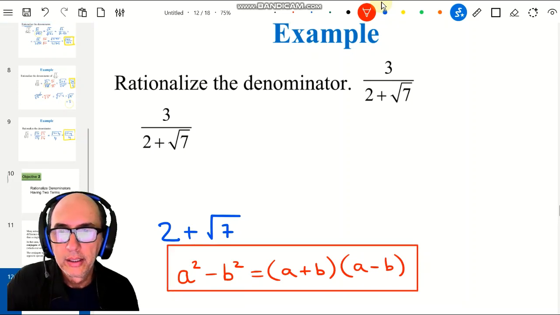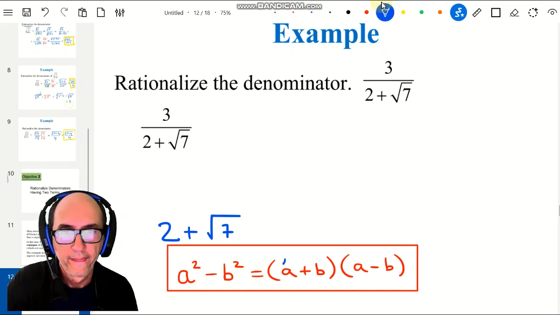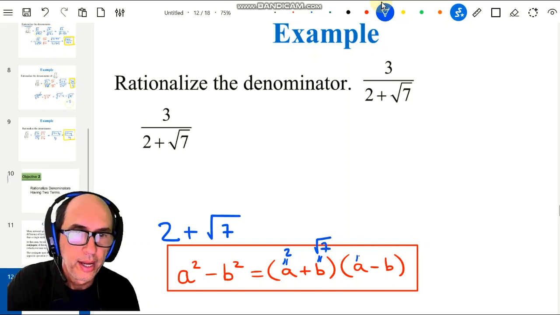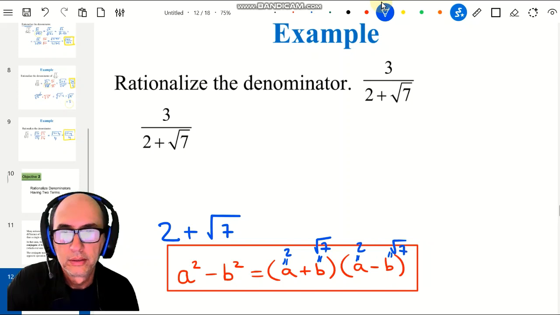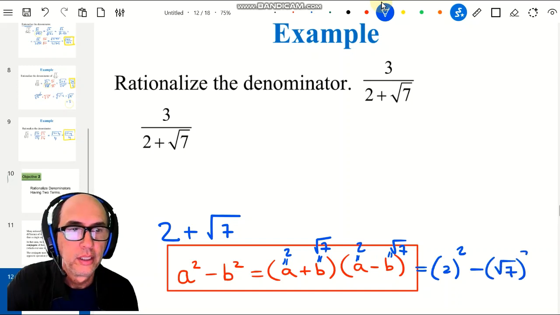Let's make 2 be a, and the square root of 7 be b. If we have a equals 2 and b equals the square root of 7, then this equals a squared, which is 2 squared, minus b squared, the square root of 7 squared.